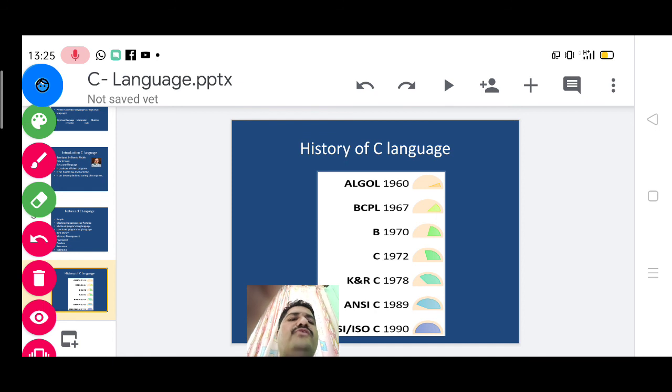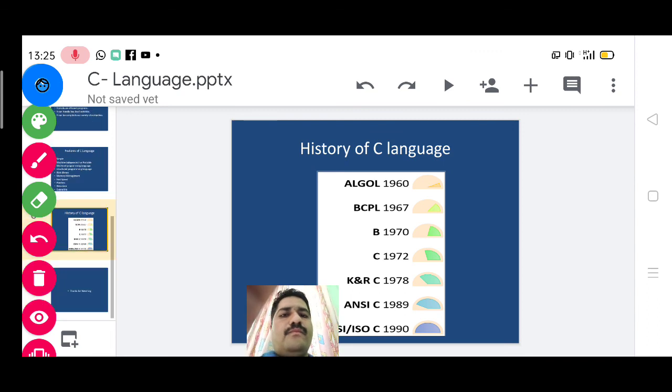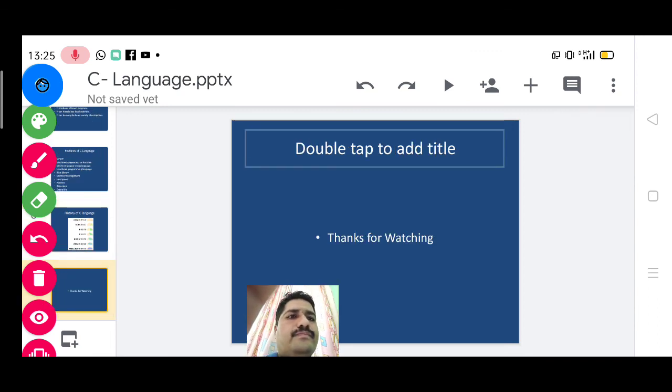It was developed along with the Unix operating system, which was also developed by Bell Laboratories. So it is a very important language.